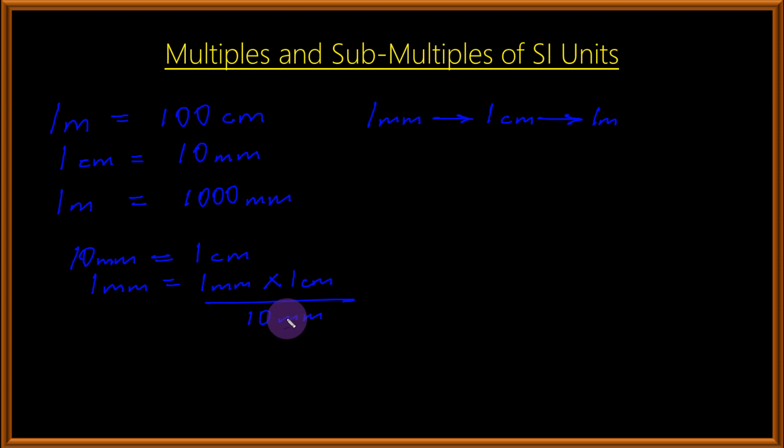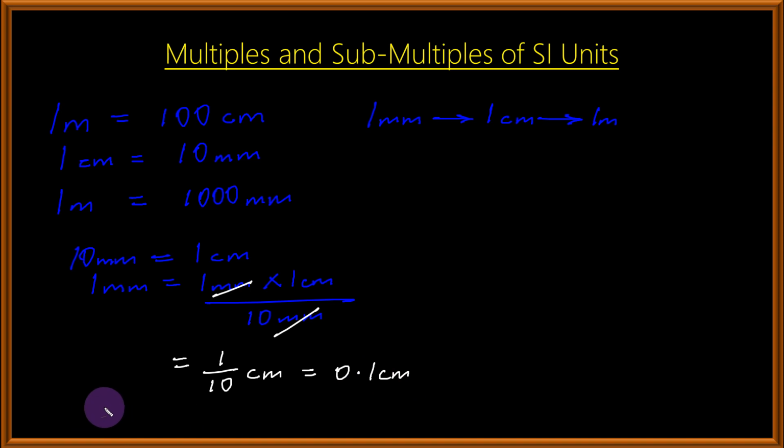So when you look at the units, the millimeters are going to cancel with millimeters, and we are going to be left with 1 times 1 gives me 1, and then there is divide by 10, and then the units will be centimeters. And this will give me 0.1 centimeters.